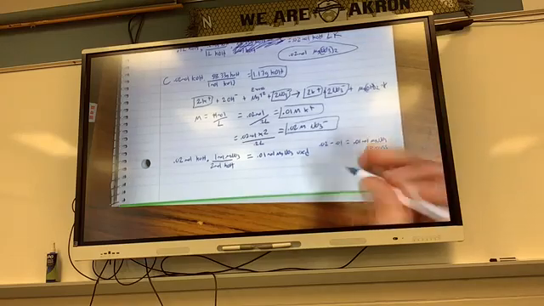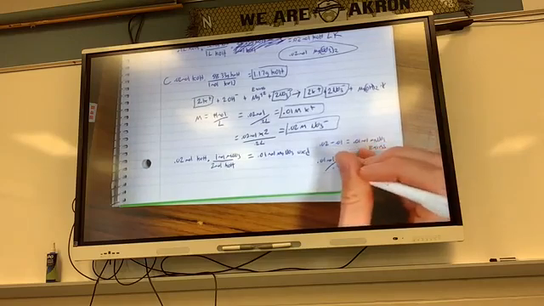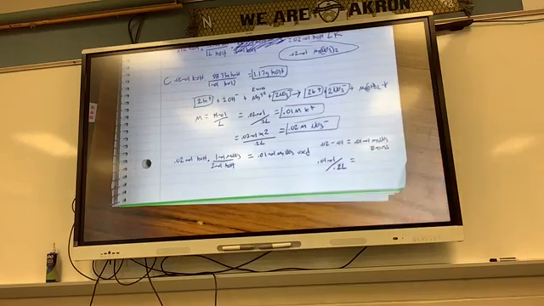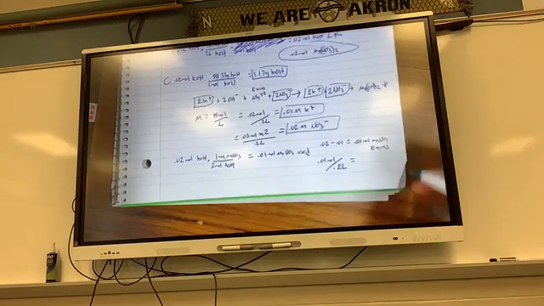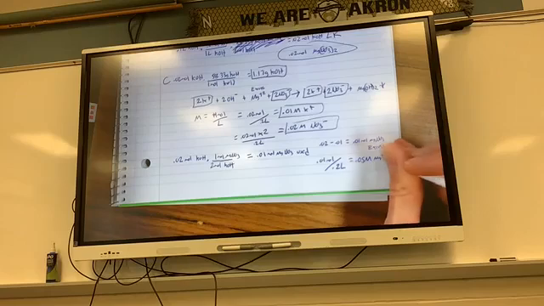That's a 1-to-1, so I take 0.01 moles divided by 0.2 liters, and that gives me 0.05 molar Mg2 plus.